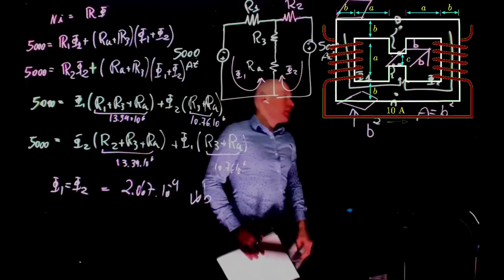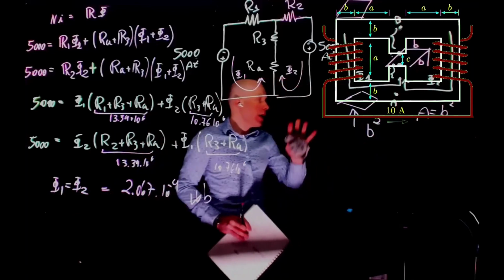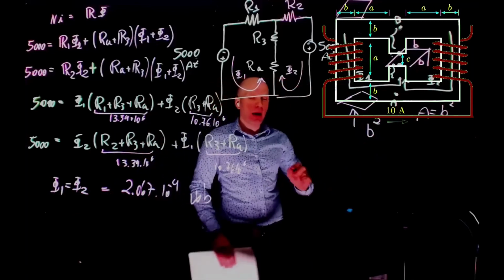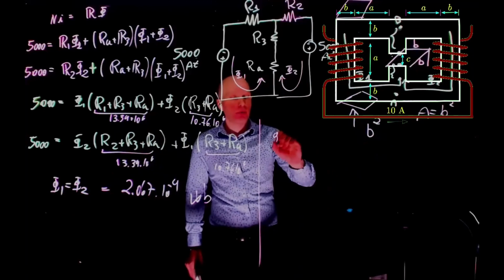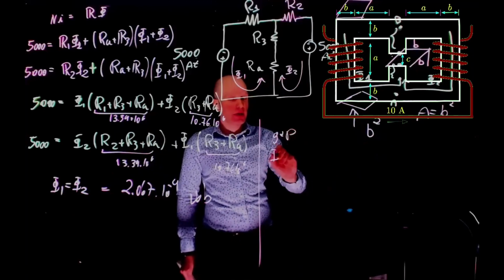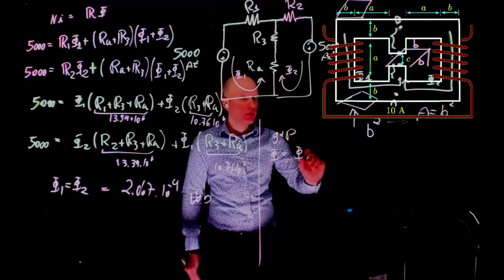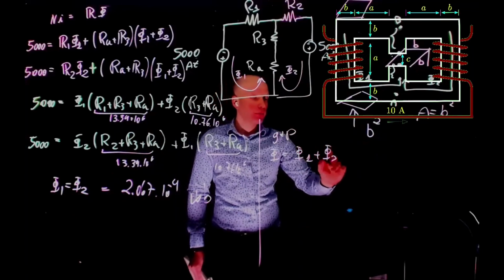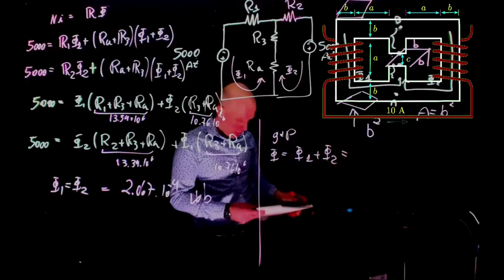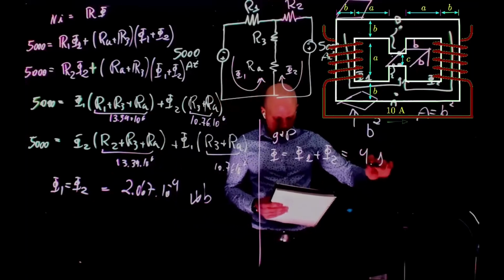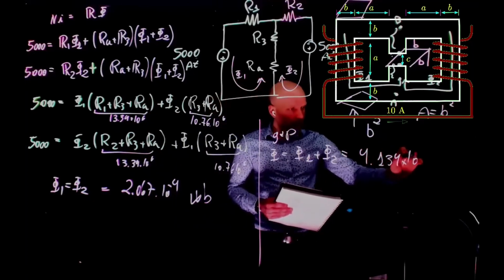All right, so what is now the total induction in the gap? So in the gap, what is the magnetic flux there? It is phi1 plus phi2, and this is where I got that number earlier, 4.134 times 10 to the power of -4.